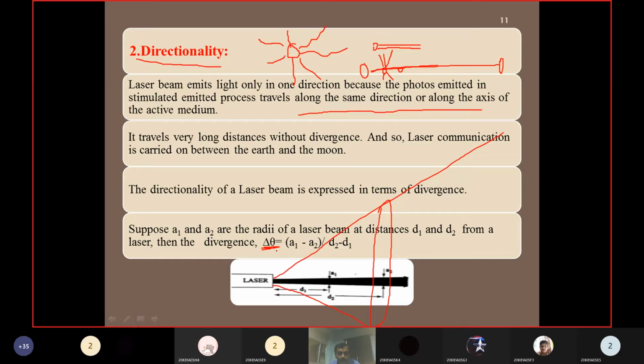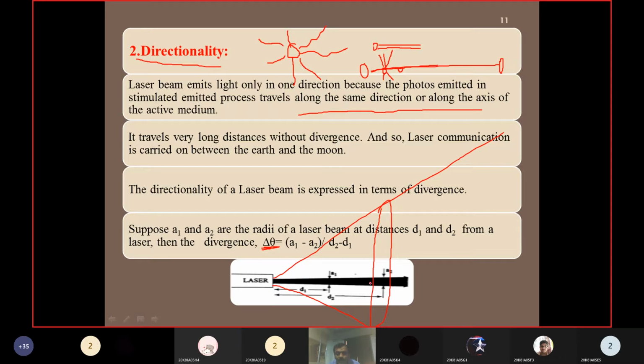We can calculate it using a formula. Here a1 is the radius at distance d1, from here to here, and a2 is the radius of the laser light at distance d2.